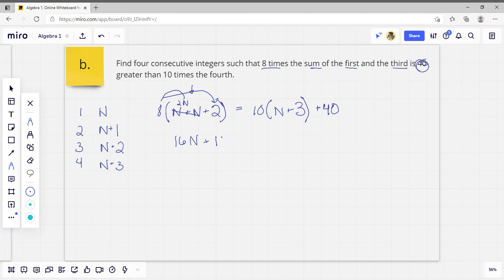And that's going to be equal to, rainbow this one, 10n. And then rainbow there. That's 30, 3 times 10 is 30.